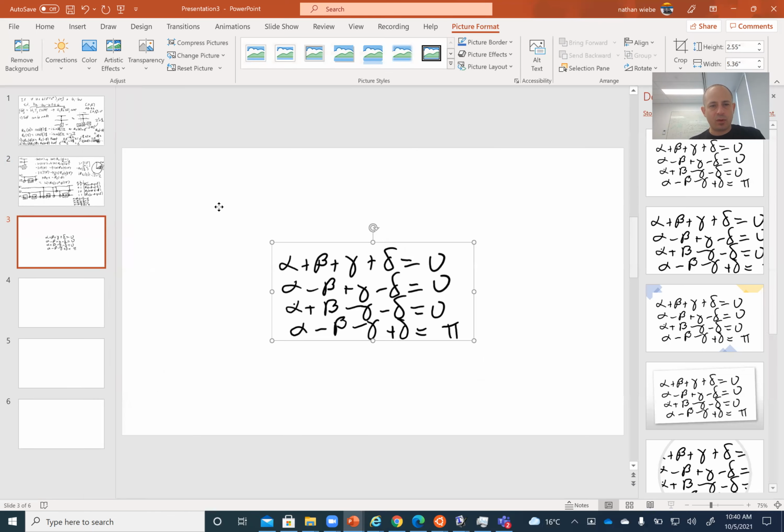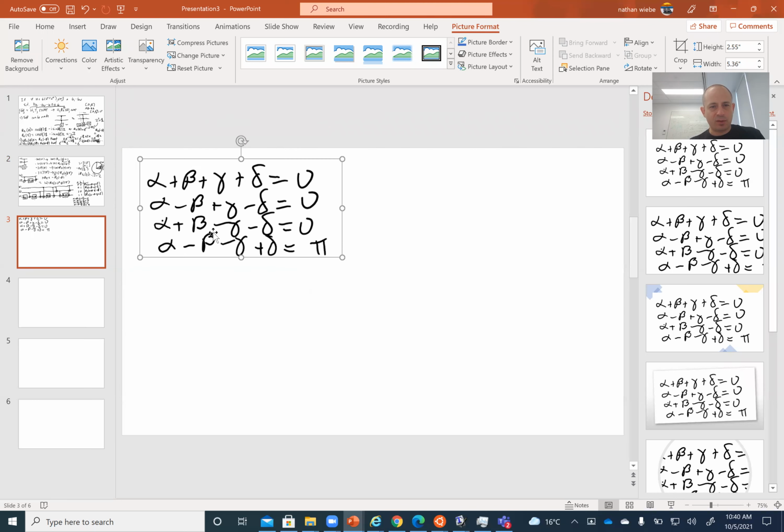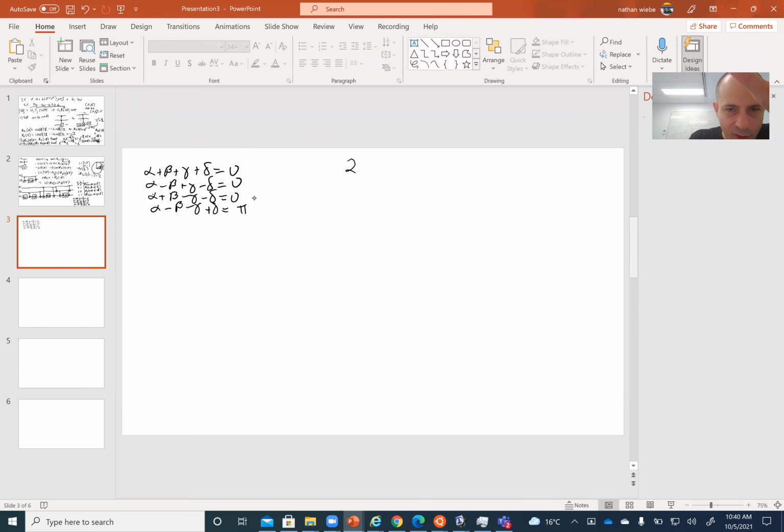So let's just go through and solve this by adding together the first 2 equations. What we end up getting is 2 alpha plus 2 gamma equals 0, and this implies that alpha is equal to negative gamma.